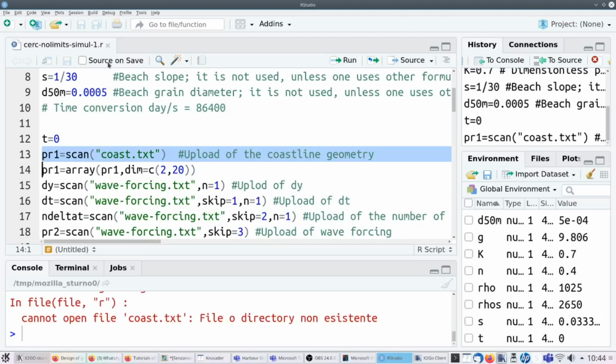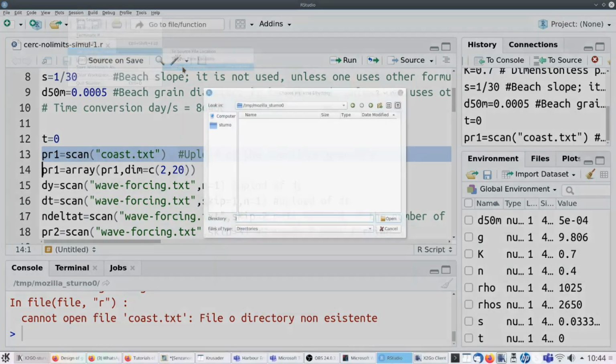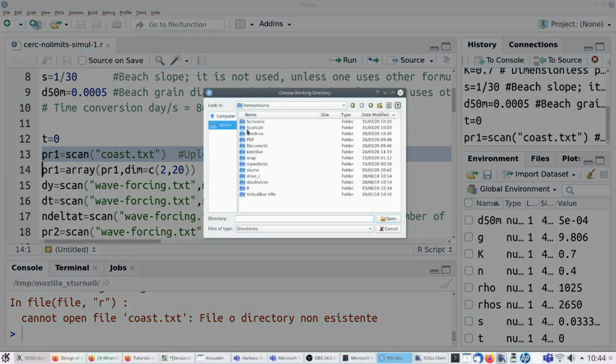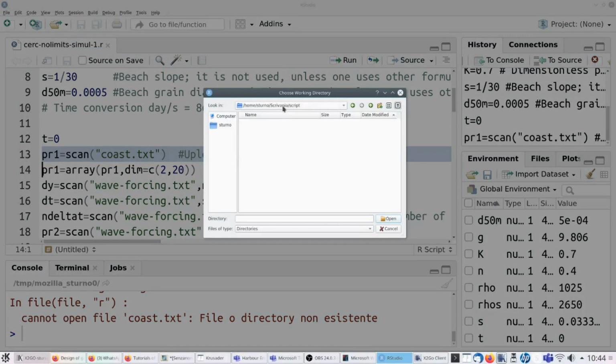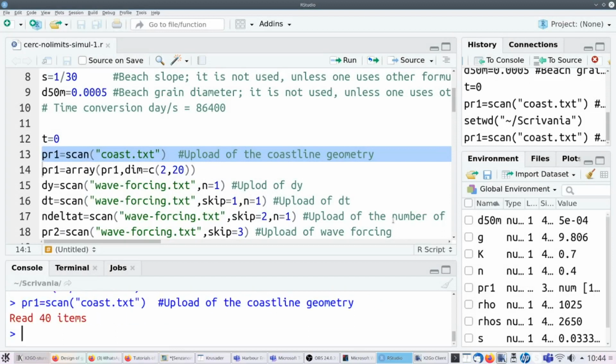Okay, it doesn't exist because I forgot to set my working directory. So I set it. You see what I am doing. I choose my desktop, open, and now I try to run the instruction again. So again, Ctrl plus Enter, and now you see that it went on.